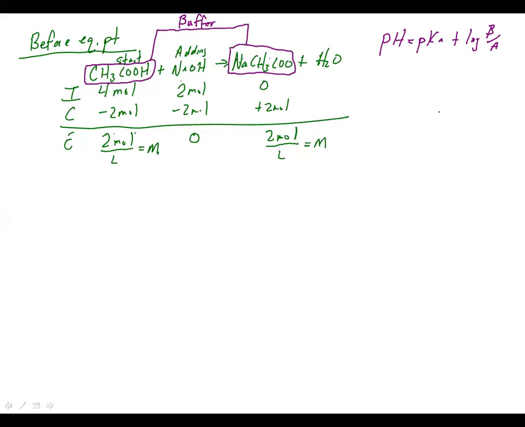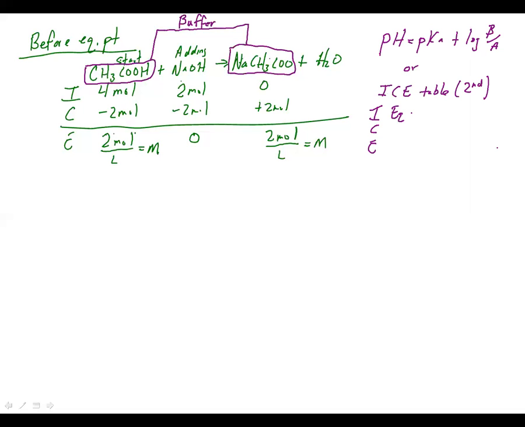Or like we did when we were talking about buffers, you could do an ice table. So you could do a second ice table where the initial concentrations would come from the equilibrium concentrations from the first table.